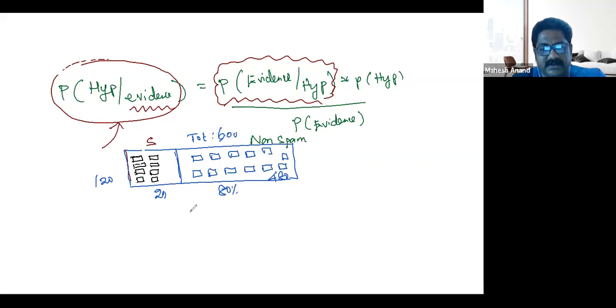So in this whole process, what we have collected is information: the probability of a spam email is 20%. Of course, this is measurable from this.